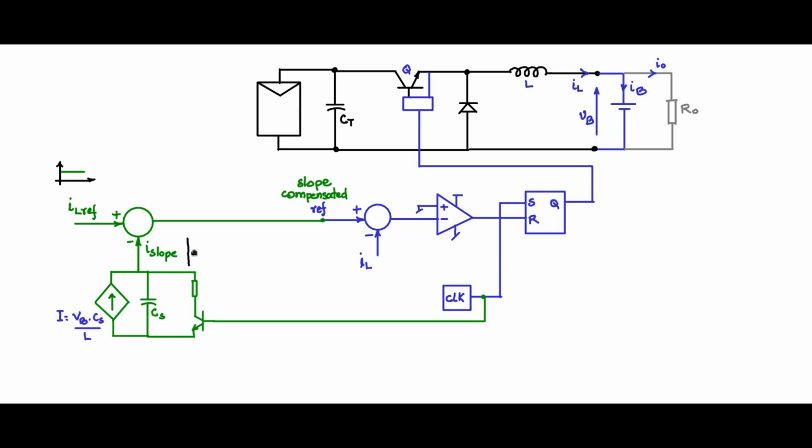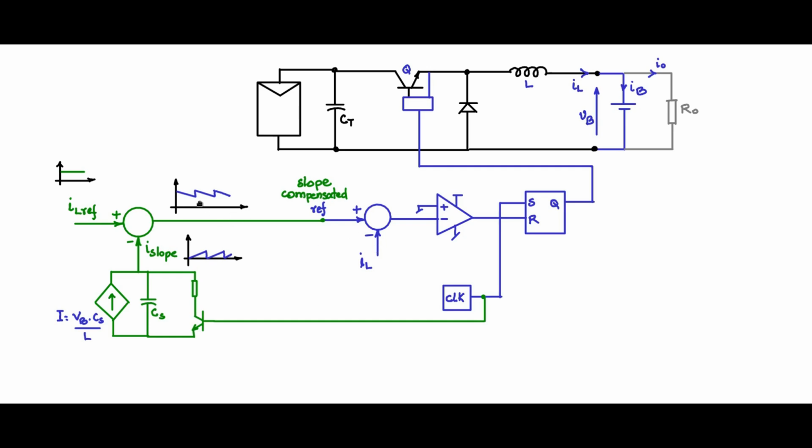And if you do that, then here you will get a positive slope sawtooth waveform like this. IL reference minus this will give you a sawtooth waveform like this, and this will form the slope compensated reference that you will provide to this controller.